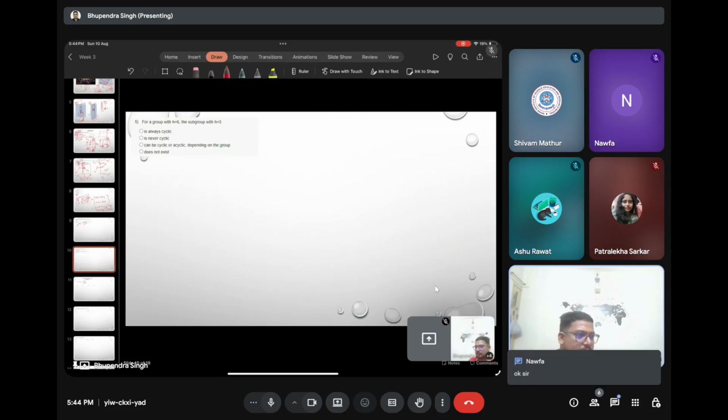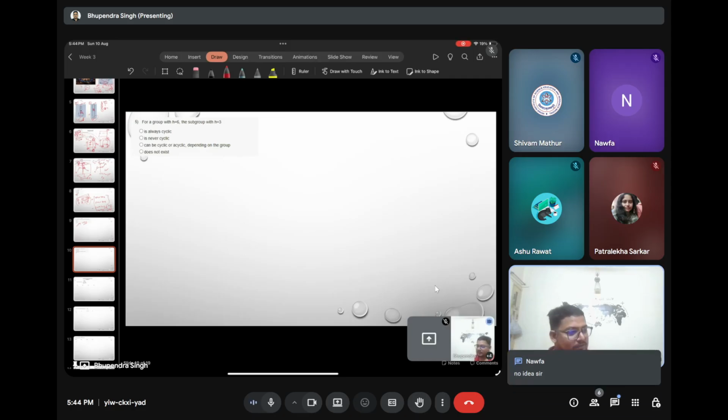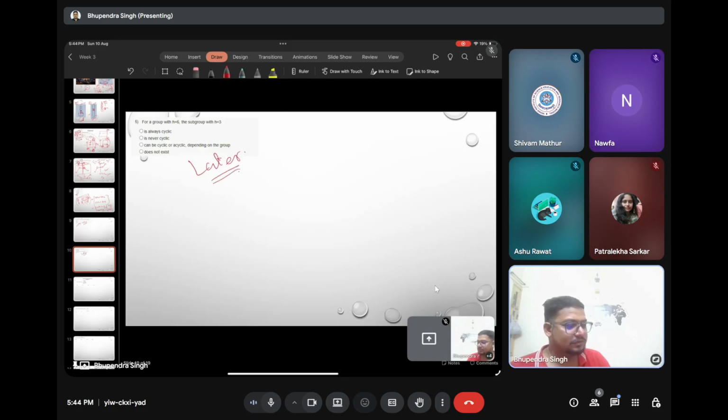So for a group with order 6, the subgroup with order 3 is cyclic, never cyclic, can be cyclic depending on the group, does not exist. If you know the answer, tell me. No idea, sir. Okay, in the next class, because if you have no idea, which means theory is required first, then question answer.